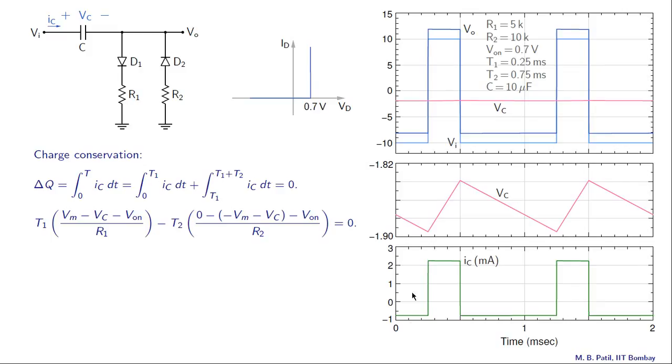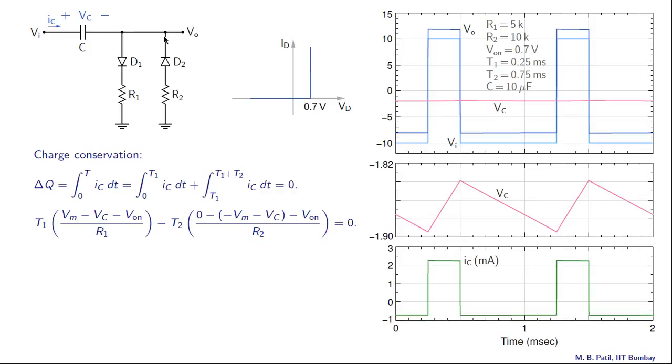What about IC in the discharging phase, that current? Let us find the voltage drop across R2 in the discharging phase, and that will give us the current that we are looking for. So let us see what this node voltage is first. This is minus Vm when the capacitor is discharging. So minus Vm minus Vc.